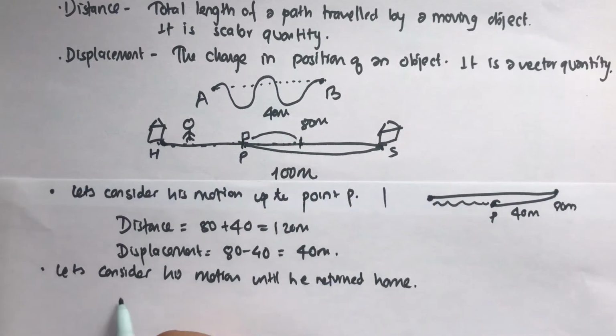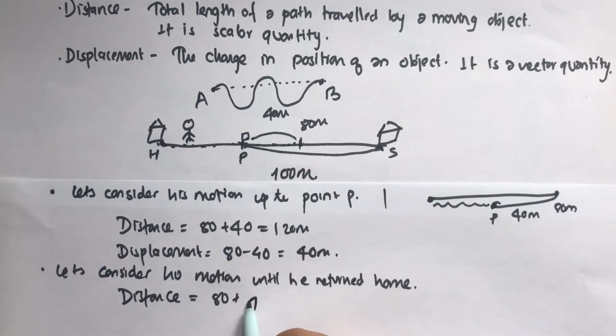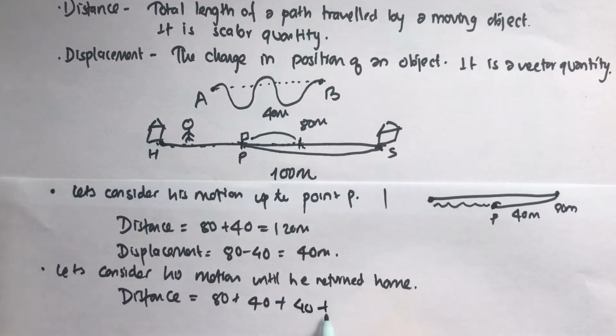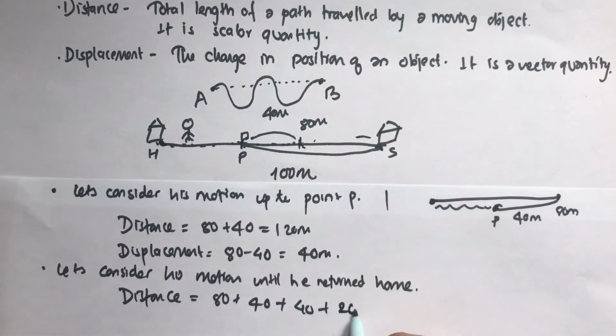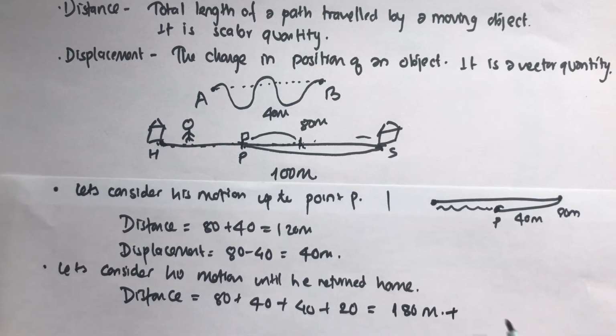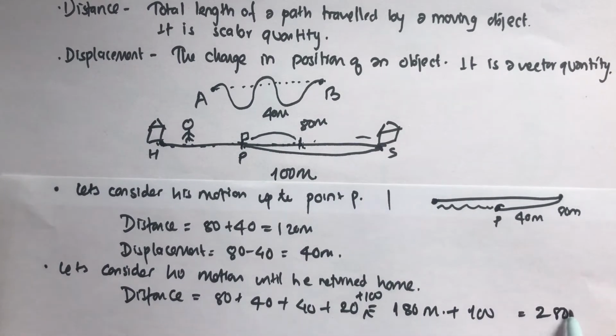So the total distance he traveled was 80 plus 40 back, plus again 40 right to this point, plus this distance here is 20. So this is his total distance. He traveled 180 meters, and when he headed back he traveled 100 more, which would give me 280 meters.